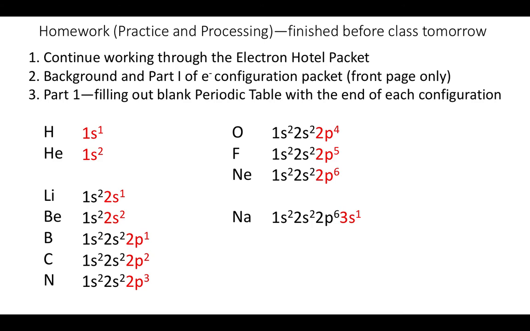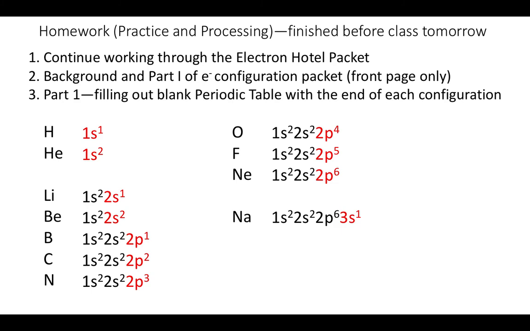Helium's would be 1s2. Lithium would be 2s1. Beryllium would be 2s2. Boron would be 2p1. Carbon would be 2p2. Nitrogen, 2p3. Oxygen, 2p4. Fluorine, 2p5. Neon, 2p6. And then sodium would be 3s1.